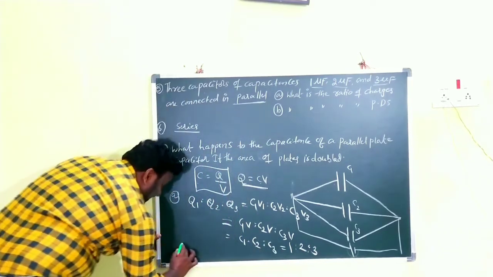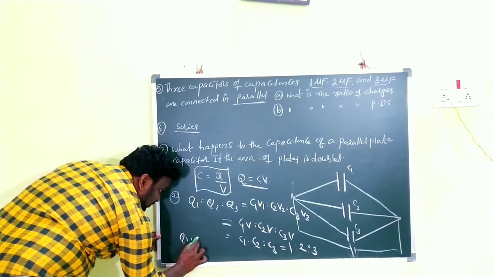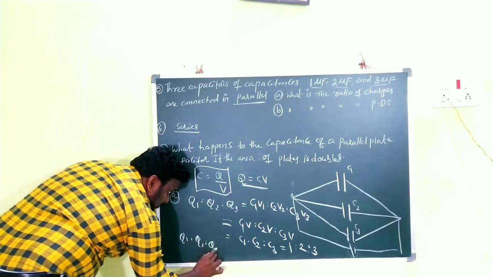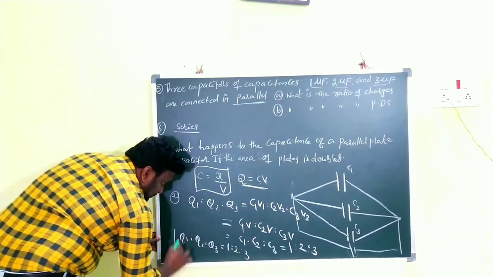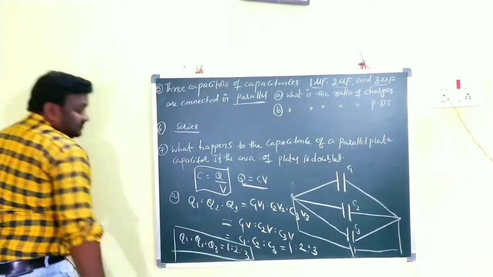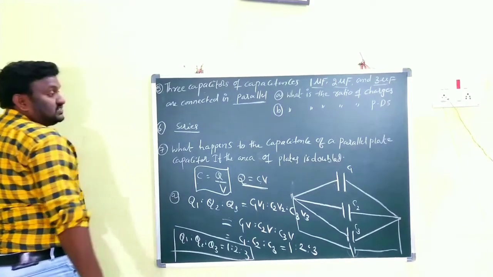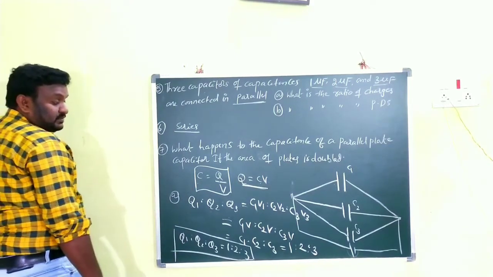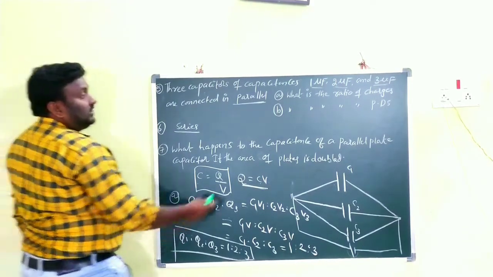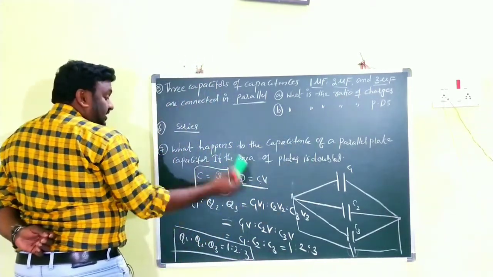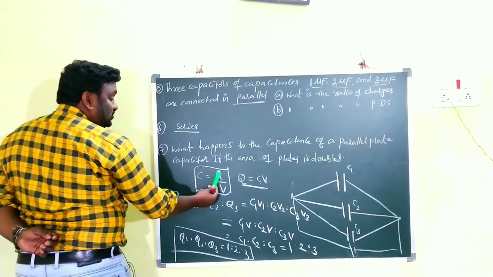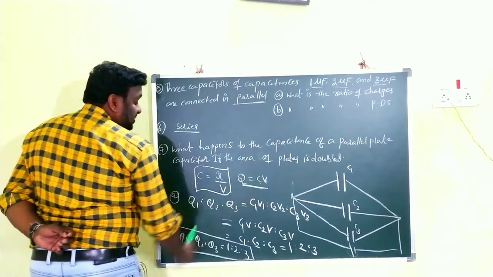Ratio of charge, what is it? Q1 is to Q2 is to Q3 is equal to 1 is to 2 is to 3. So this is the ratio of charges. Got my point, children? So this is the first thing. So children, how can we write the ratio of charges? C is equal to Q by V, Q is equal to CV.